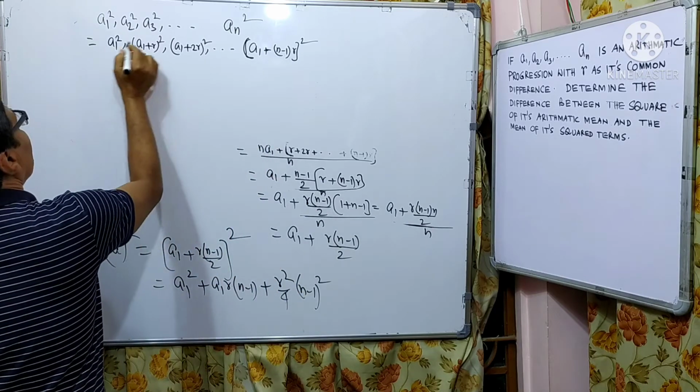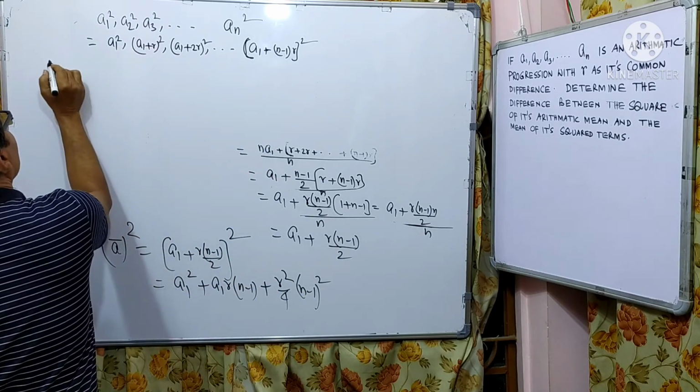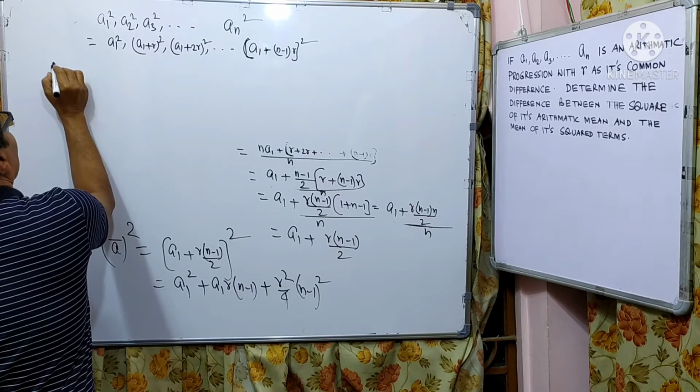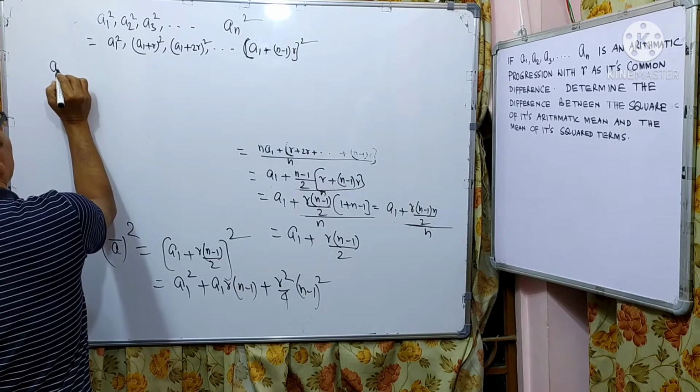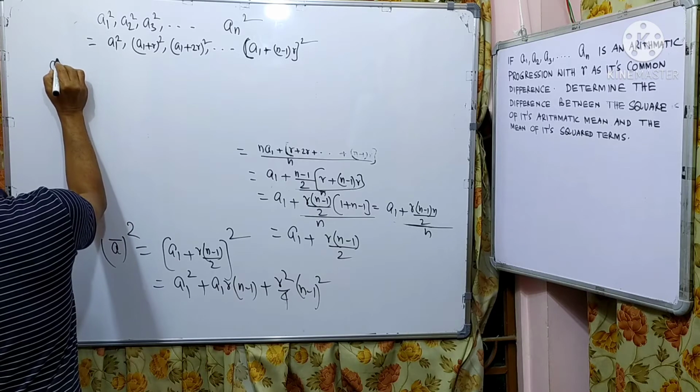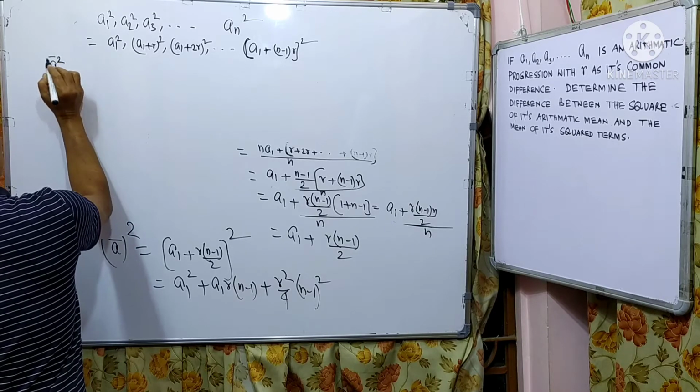So we can take the mean of these squared terms as a square bar.